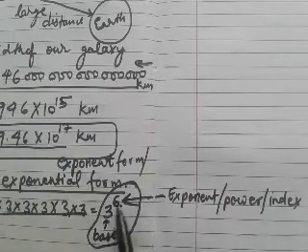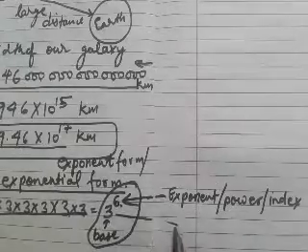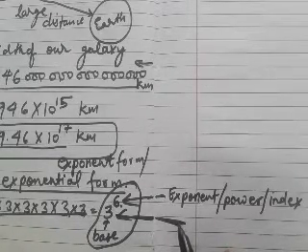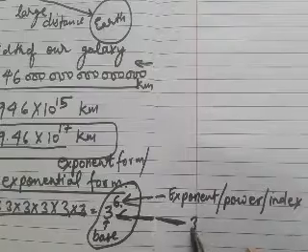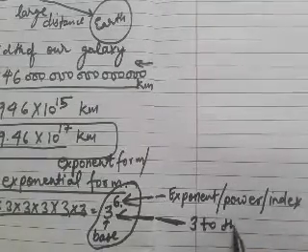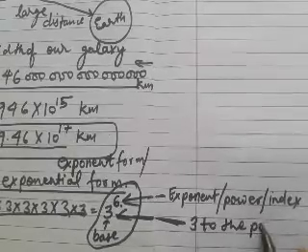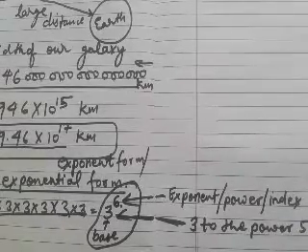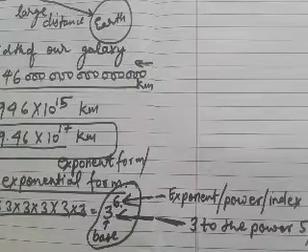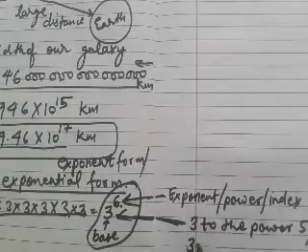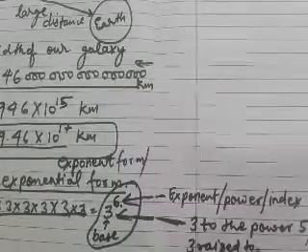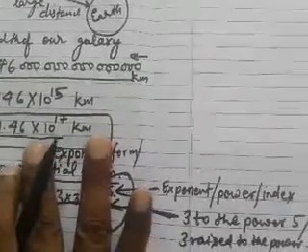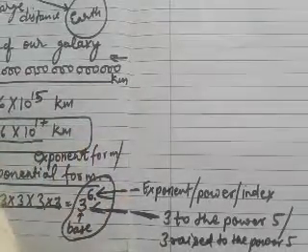So how can we read this number? This number is read as 3 to the power 5, or in another way also we can read it as 3 raised to the power 5.